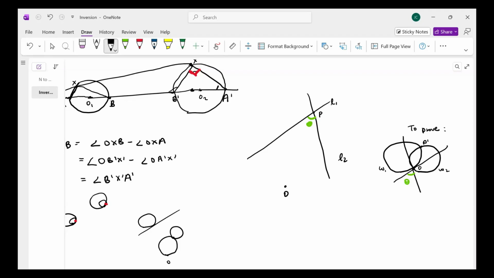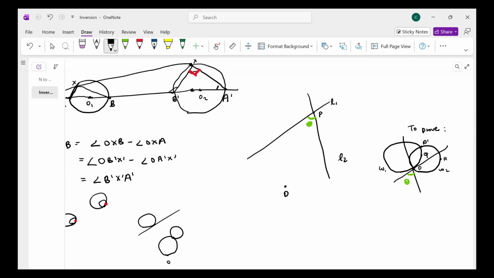We can let Q be a point on the minor arc P prime O of omega 1, and we can let R be a point on the other circle. Then we can try to find angle QOR, and try to bring Q and R closer to O and see what happens. Where do you want R? Do you want R here?